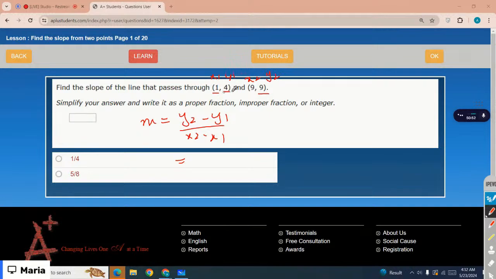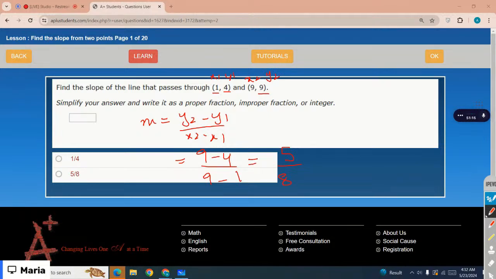So y2 minus y1, that is 9 minus 4. Then x2 minus x1, that is 9 minus 1. So 9 minus 4 is 5, 9 minus 1 is 8. So the correct option is option number 2, that is 5 over 8. The correct option is the second one.